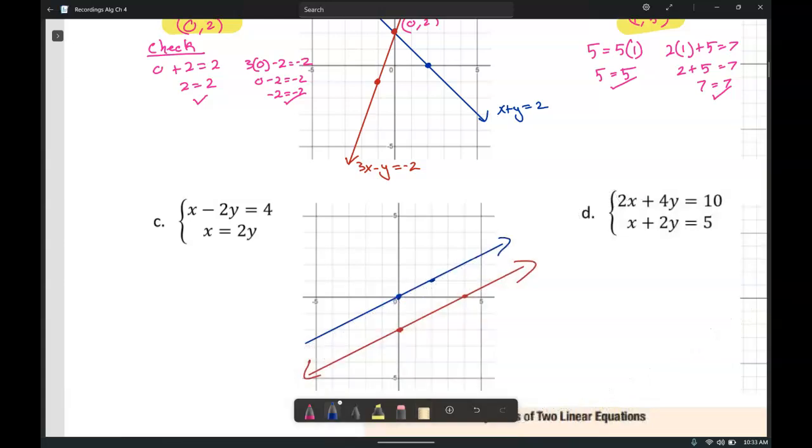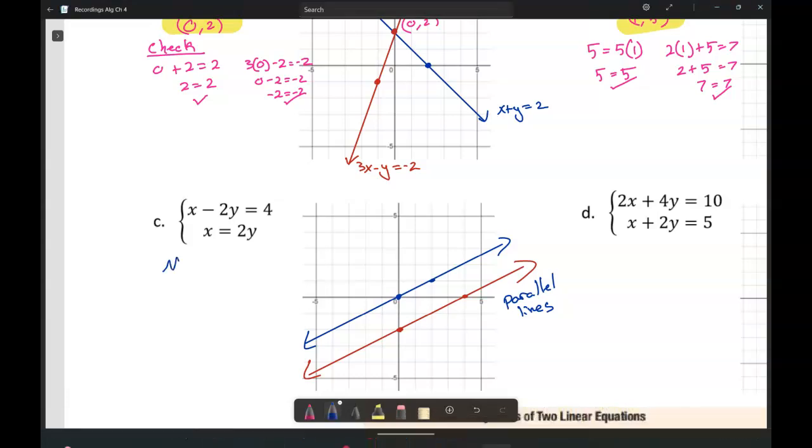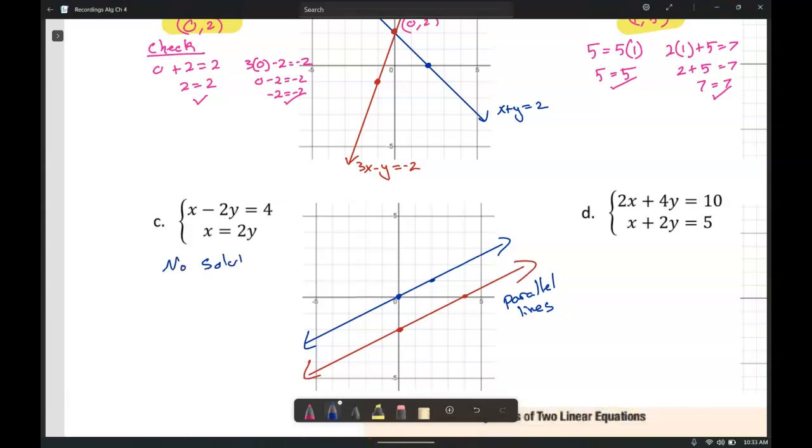And here we see that it appears that our lines are parallel. Well, since the solution to a system is where lines intersect, and these lines are parallel, meaning they will never intersect, then that means we have no solution.